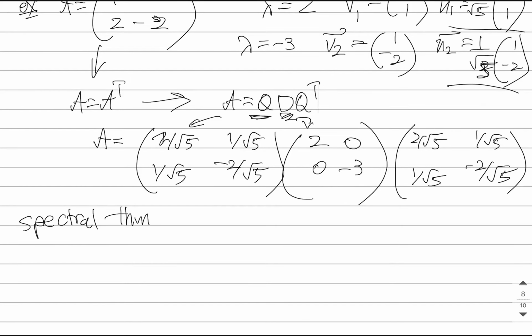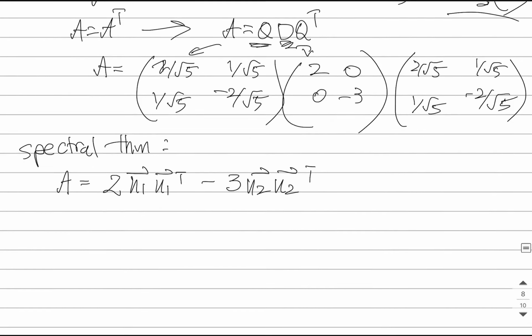So the spectral theorem says you are going to be able to write this matrix A as follows. You're going to be able to take the first eigenvalue 2 and then go U1 times U1 transpose. Then you're going to subtract or add the second eigenvalue times U2, U2 transpose. So in this particular case, you're going to get a 1 over root 5 squared because each one of those matrices has a 1 over root 5.